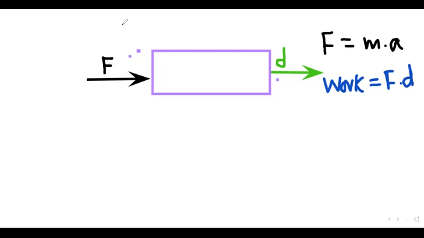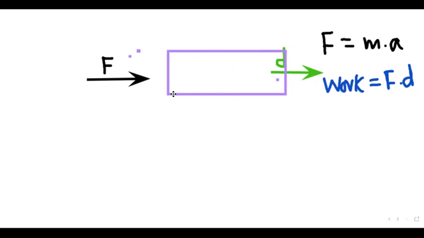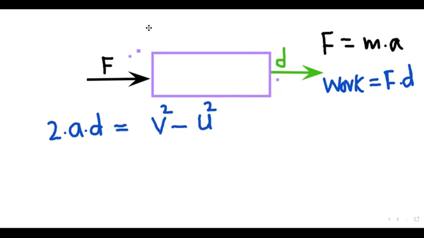Now when we apply some force on it, we know that the object starts moving from here to here. It travels some distance, or displacement, as well. So let's see how we calculate the distance traveled by the object. From the third equation of motion, v square minus u square.